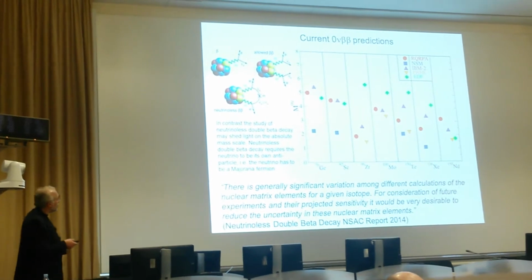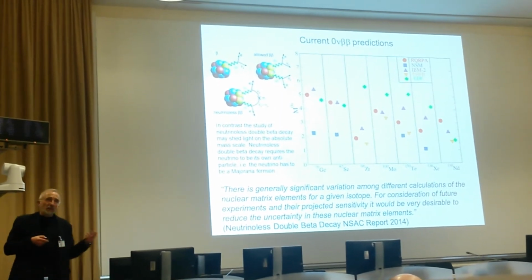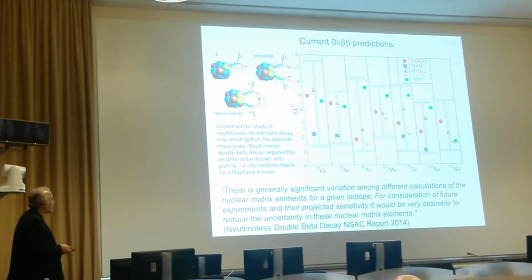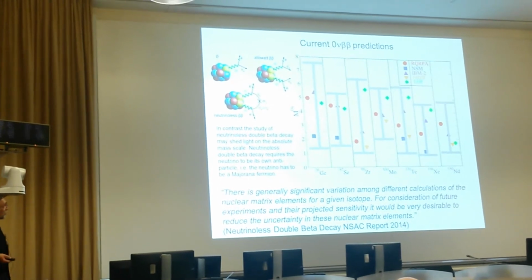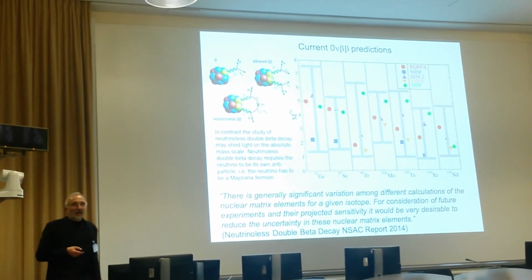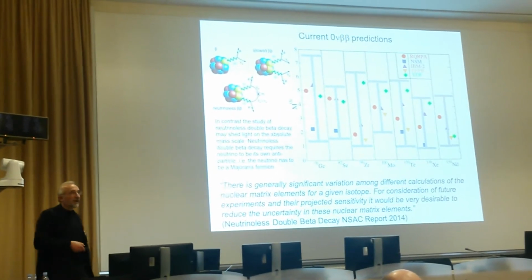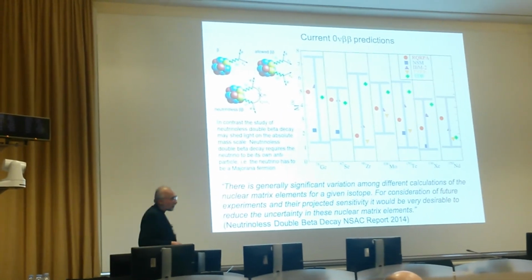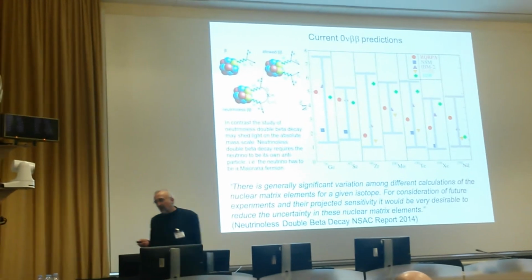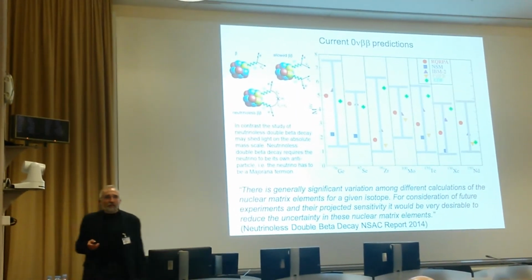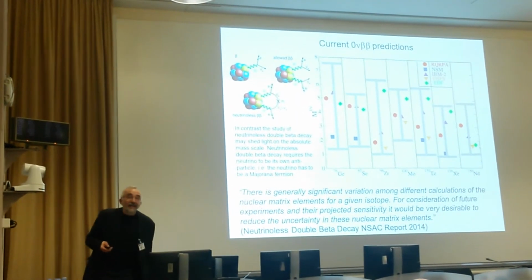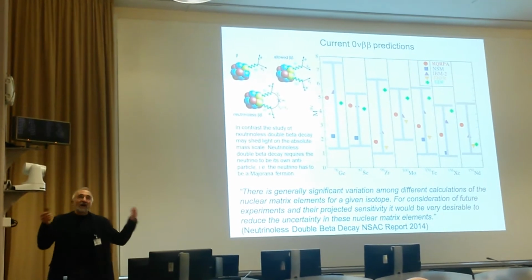None of those calculations actually estimates the error bars. Maybe if error bars are added, we will see things like this. But we have to realize the difference between this number and this number means going from a 1 ton double beta neutrino experiment to a 10 ton experiment, which is impossible.